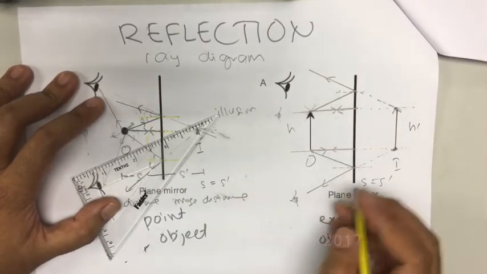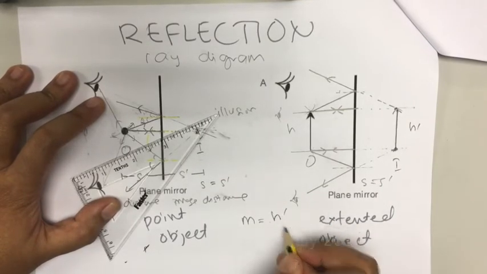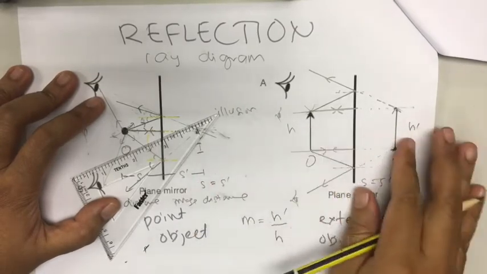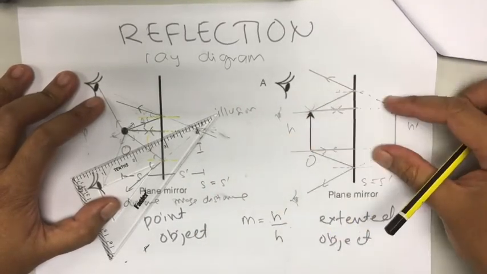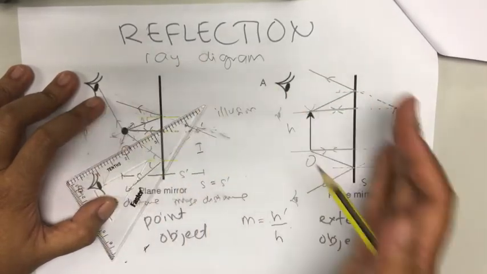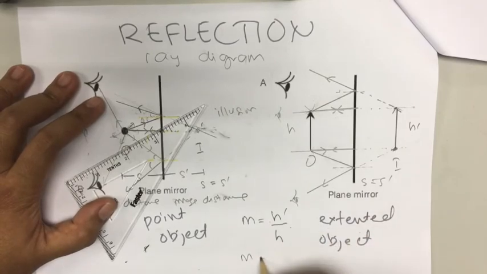So we can also define another quantity called magnification, which is equal to the height of the image over the height of the object. So it seems that they have the same values, so in the case of reflection by a plane surface, the magnification is always 1, the same size.